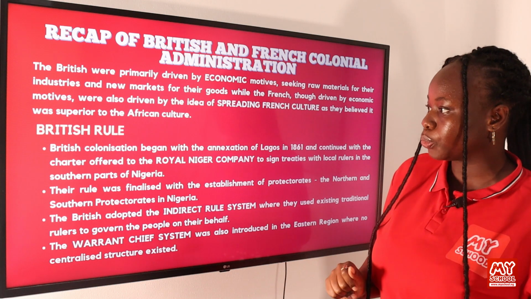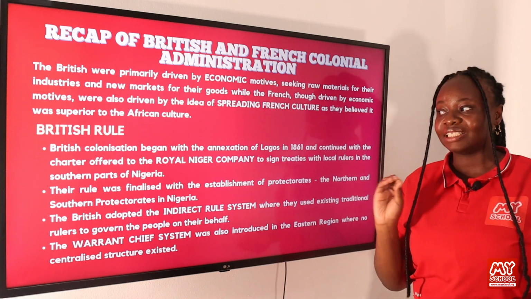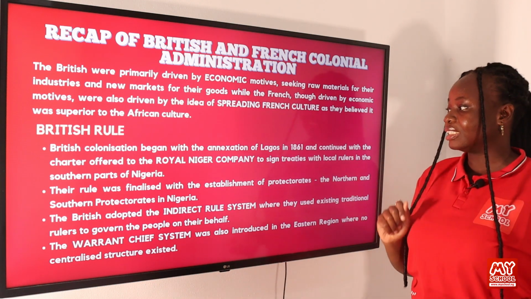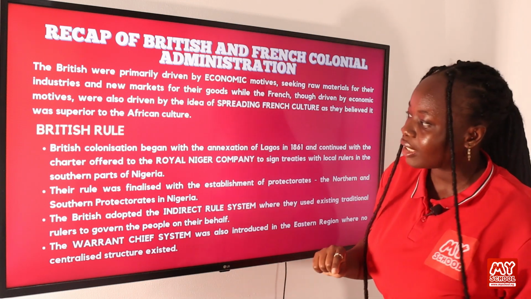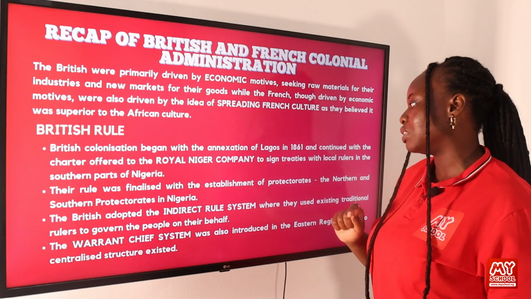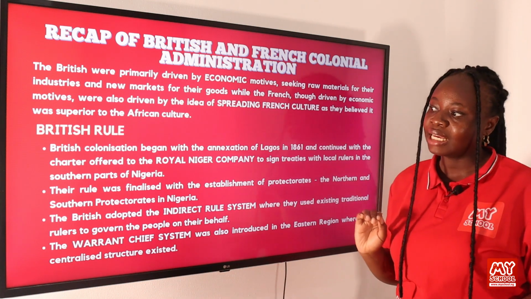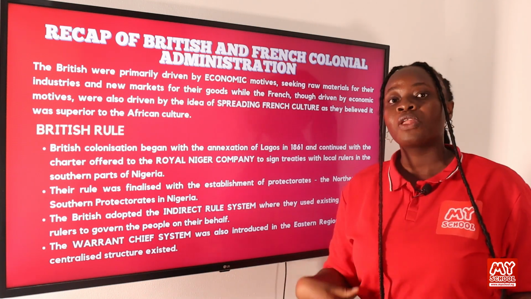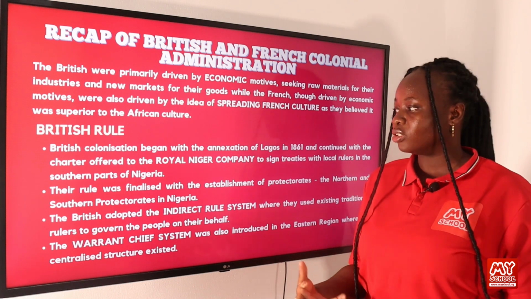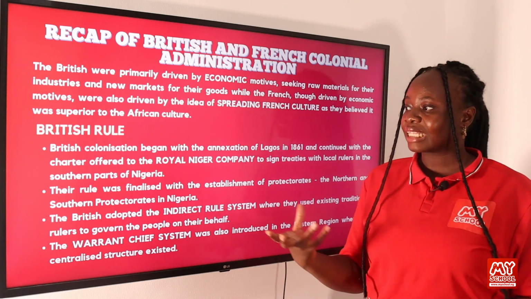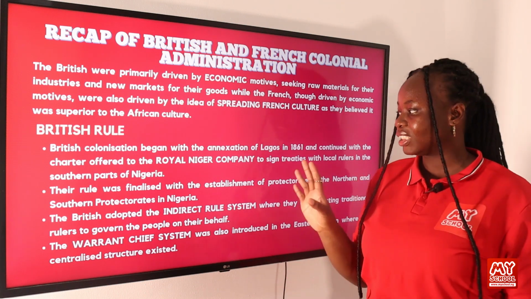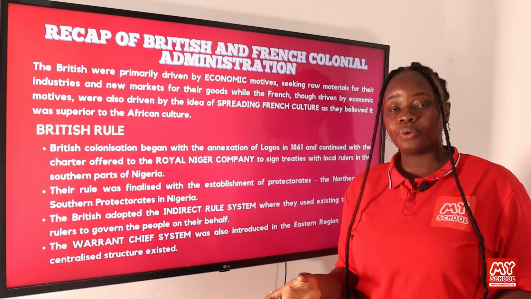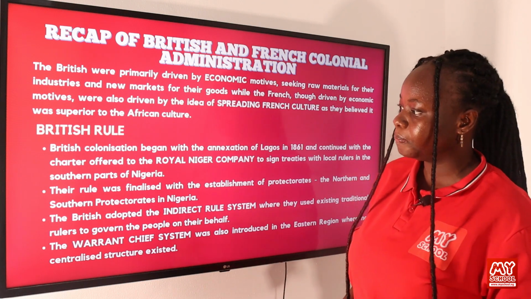So under the British rule, British colonization began with the annexation of Lagos in 1861. So that's how it began here in Nigeria, and continued with the charter offered to the Royal Niger Company to sign treaties with local rulers in southern parts of Nigeria. Remember, they were driven by economic motives, so they wanted to make treaties that allowed them to trade with various regions within the country, and so they signed this treaty with the local rulers in the various regions in Nigeria.